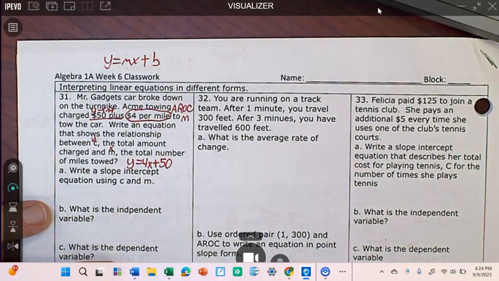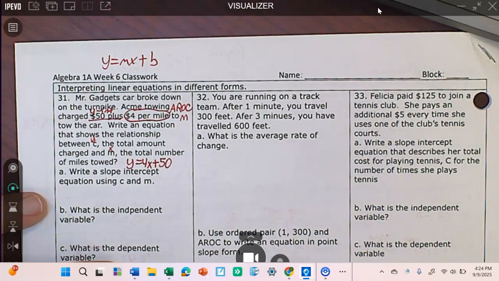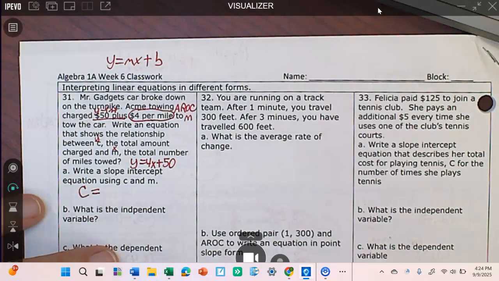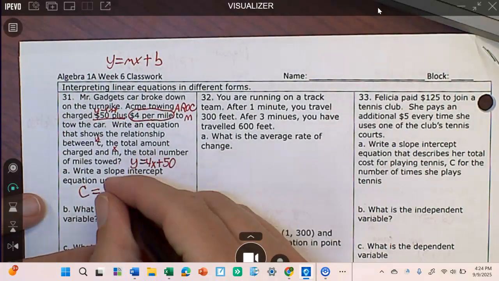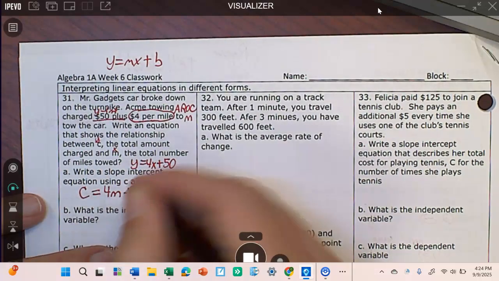Okay, but what they've done is they've changed what Y represents and what X represents. So C is the total cost of towing your car, and it's $4 per mile, and M is in the place of X, and then plus the y-intercept.